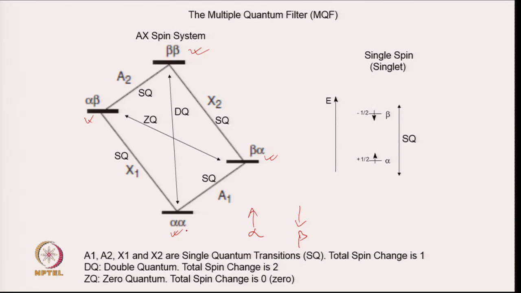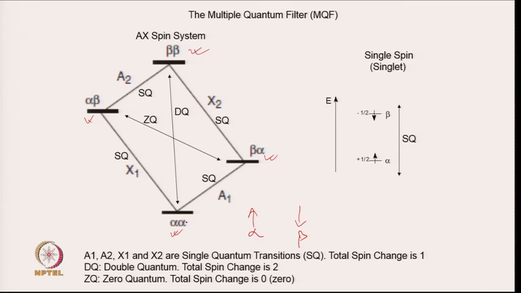So, if both are up, then you have alpha alpha, and if both are down, then this is beta beta. If I spin is down and S spin is up, then you have beta alpha. When I spin is up and S spin is down, then you have alpha beta.